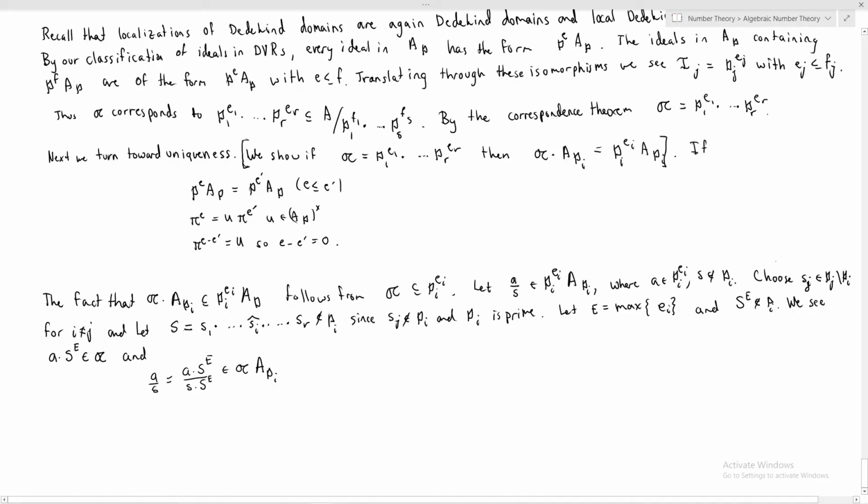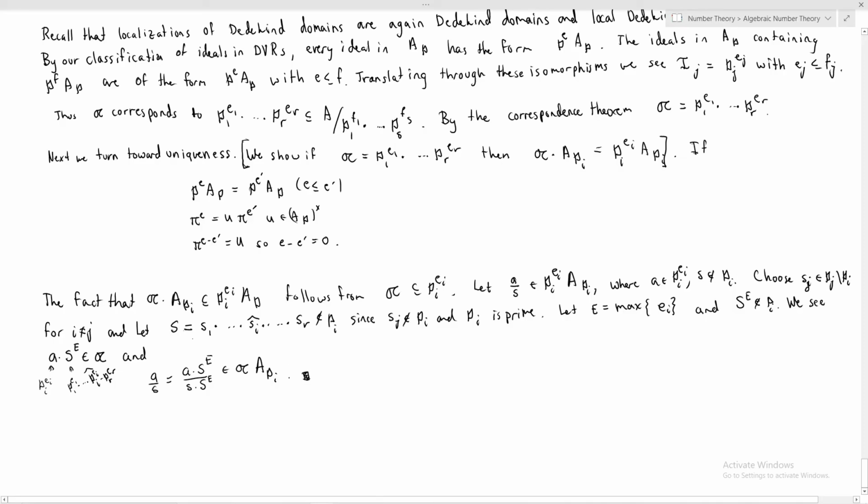A is in Pi to the EI, S to the E is in basically everything except for Pi to the EI, the P1 to the E1 through PR to the ER. And so when I take the product together, I get something in the product of all these prime ideals, which is necessarily A because A is the product of these things. Okay, and now I get this containment. And that finishes the proof of uniqueness.